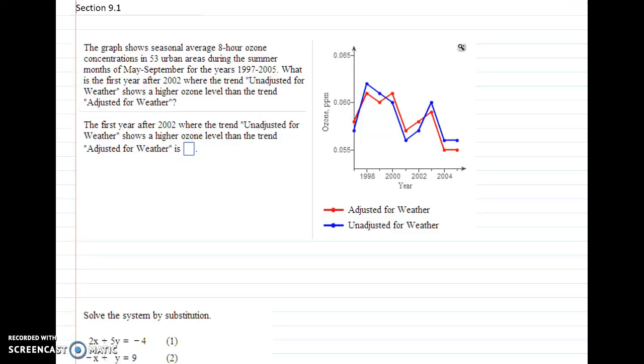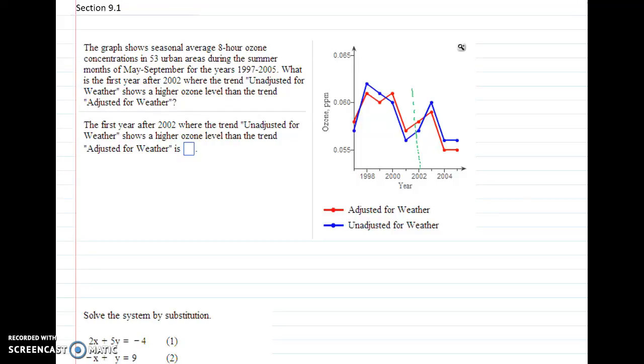This first one says the graph shows seasonal average 8-hour ozone concentrations in 53 urban areas during the summer months from 1997 to 2005. What is the first year after 2002 where the trend unadjusted for weather, that's the blue one, shows a higher ozone level than the trend adjusted for weather? So we want after 2002. 2002 is about right here.